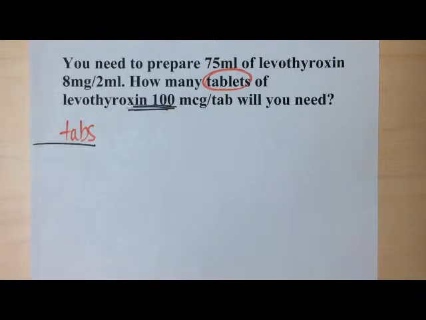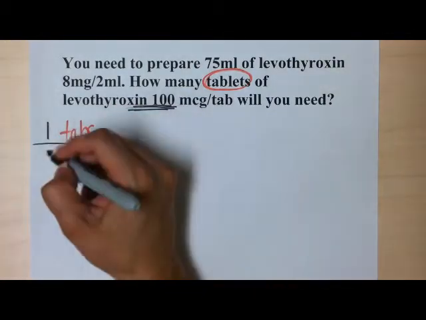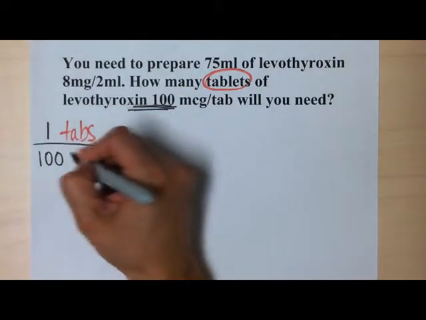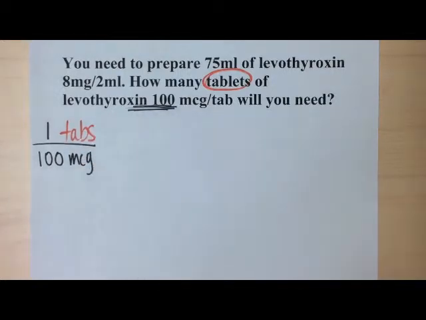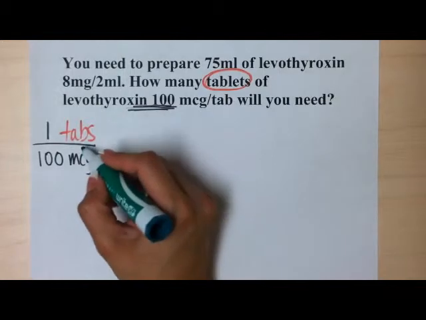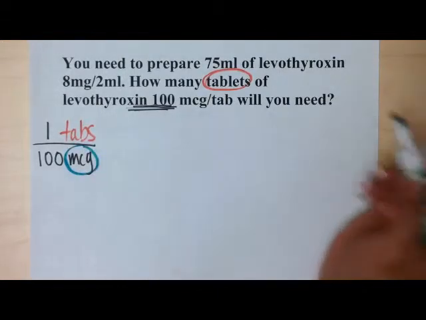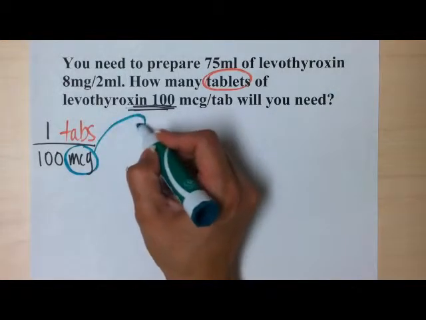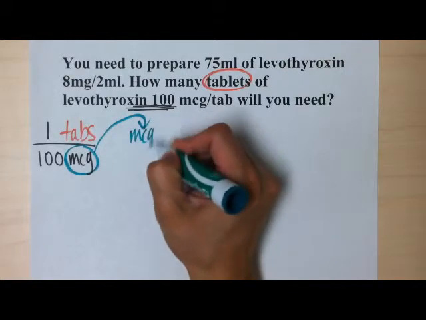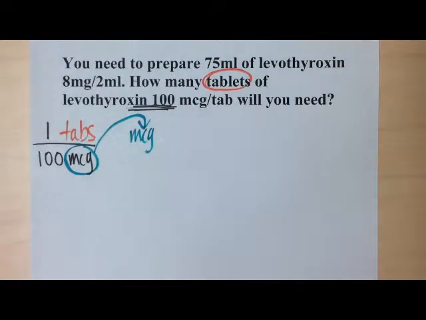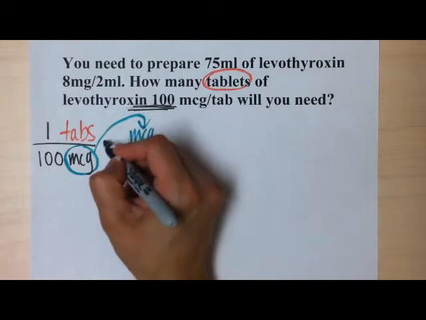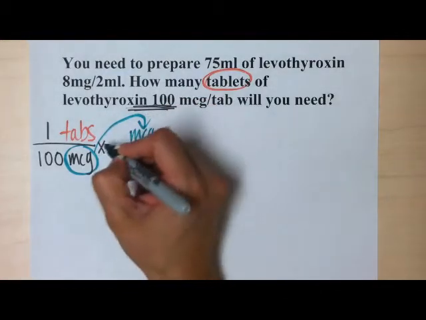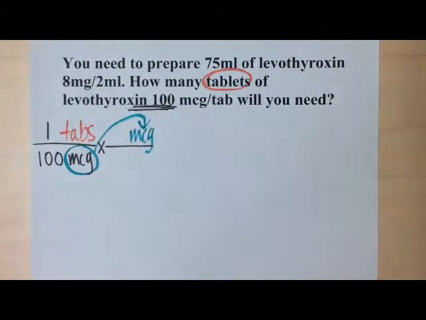Well, we know that for 1 tablet, we have 100 micrograms of drug. And I'm sure you remember that the unit on the bottom of the first fraction is always going to be that next unit on the top of our second fraction. So before you even begin to fill things in, just go ahead and write that unit.